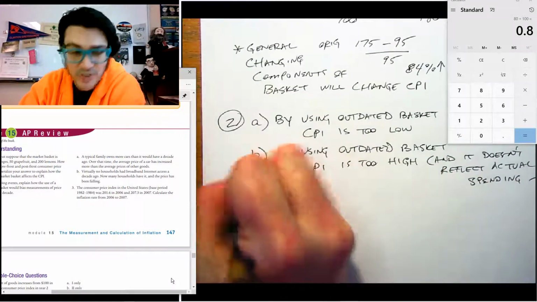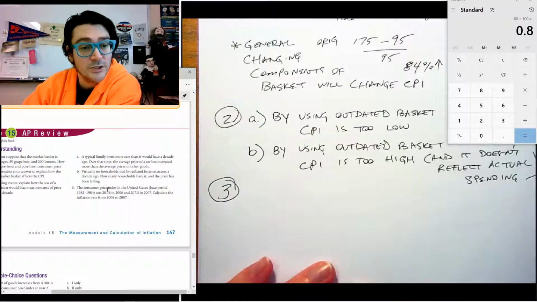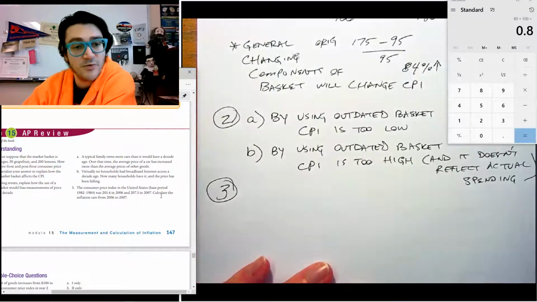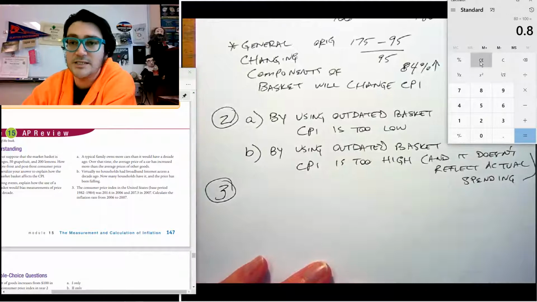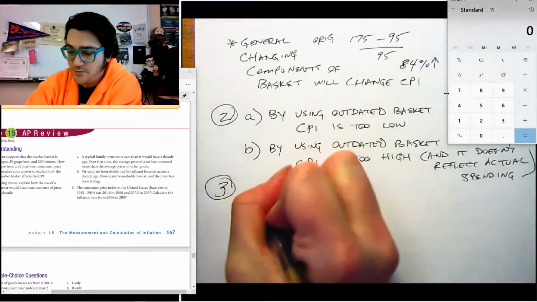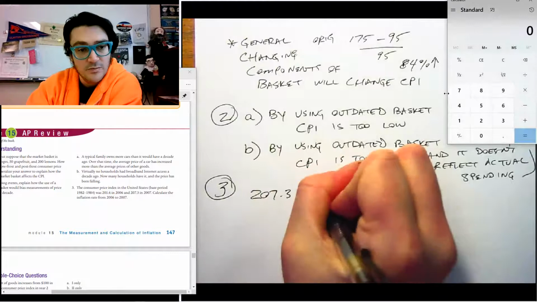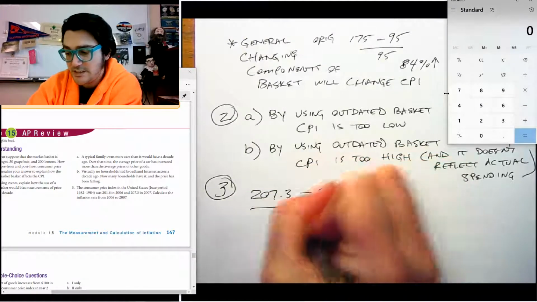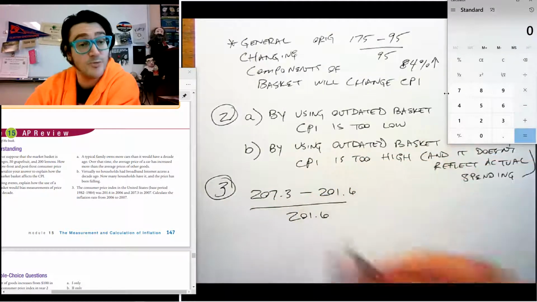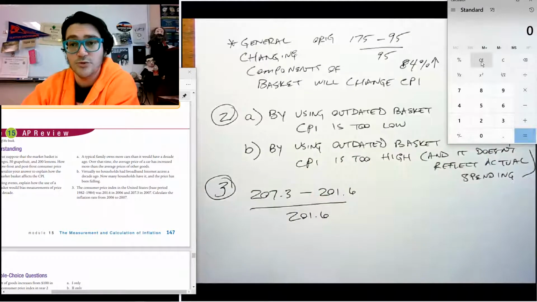Now, number 3, CPI was 201.6 in 2006, 207.3 in 2007. Calculate the inflation rate. All right, so this is just going to be 207.3 minus 201.6 over 201.6. Remember, new minus old over old to do percent changes.